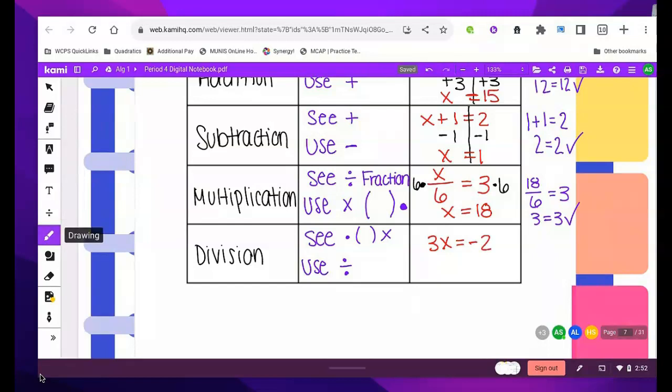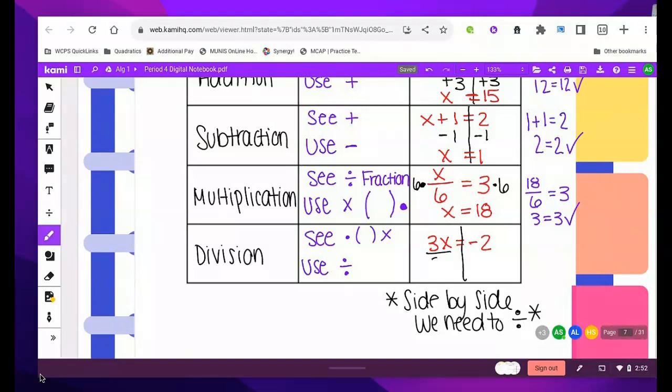So I'm going to make a little note down here. Anytime we have a number and a letter side by side, we need to divide.